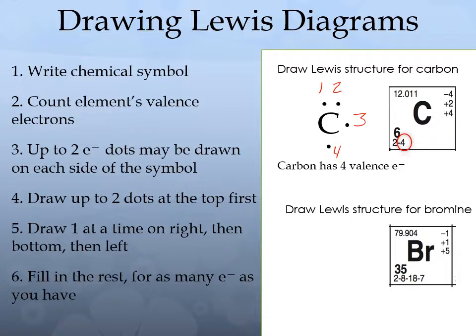Those are my 4 electrons, and I'm done with that one. Start the first 2 on the top, and then move clockwise around. If I had a 5th electron, I would do it over on this side, and a 6th electron would go over here. Number 7 will go back down here, and number 8 will go over on the left again. But I don't. I only have 4, so I'm going to get rid of those and leave exactly what I had before: 1 and 2 on top, 3 on the right, 4 on the bottom.